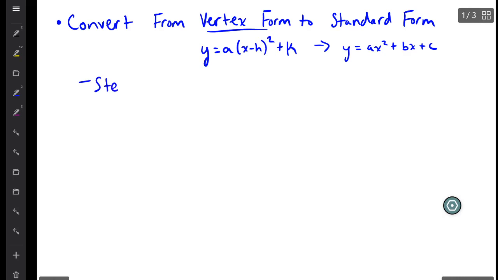And step 1 is going to be to FOIL the (x minus h) squared part. Now, on this part it's important, we want to leave an a and then a big parentheses.